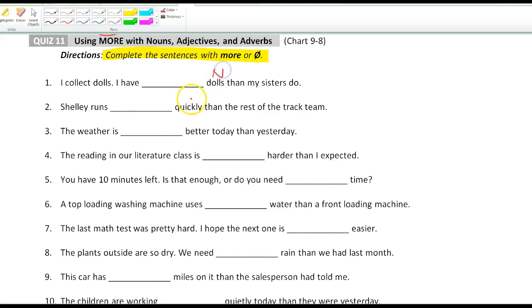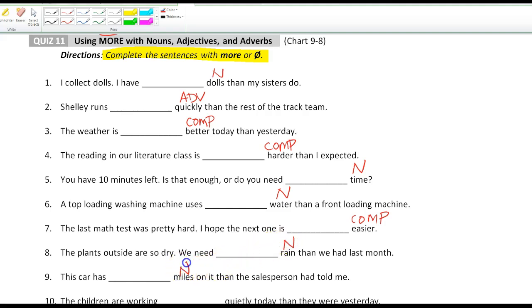So we have a noun. Let's do the parts of speech first. Quickly is an adverb. Better is a comparative. Harder is a comparative. Time is a noun. Water is a noun. Easier is a comparative. Rain is a noun.